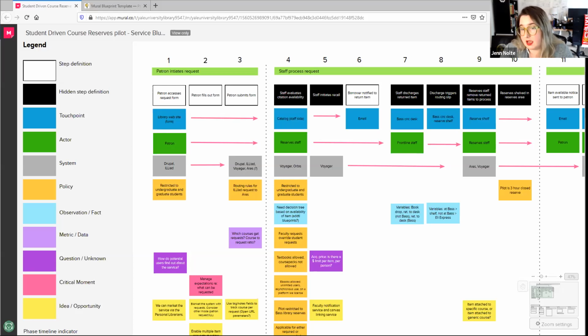I would say a customer journey map would also be useful in response to the question that Barbara asked. But again, you wouldn't be asking the student to comment on the service itself. You would be asking the student, what is it like to get books from the library? Or how do you do that?